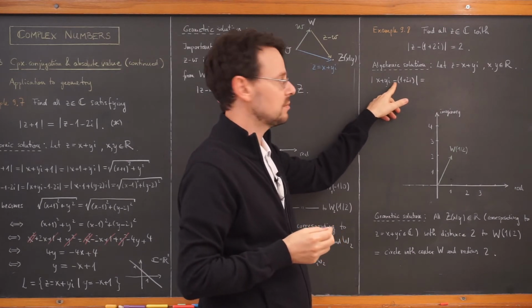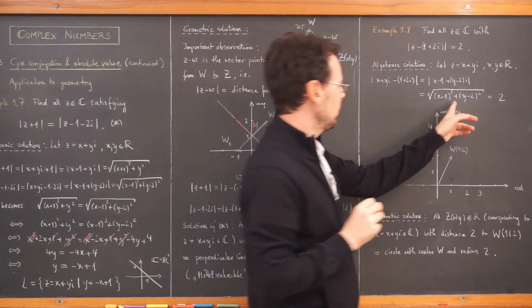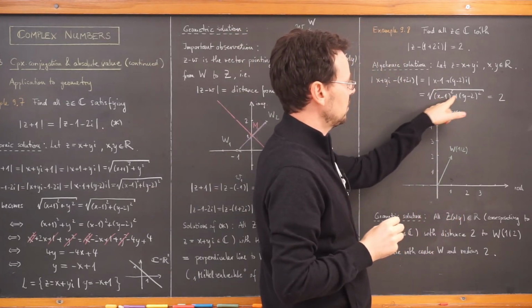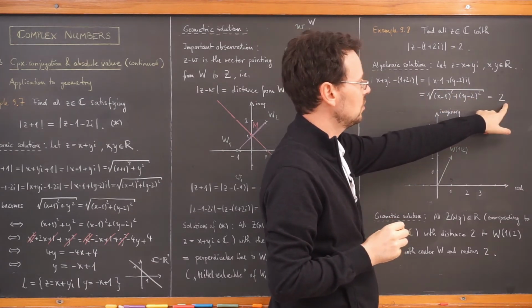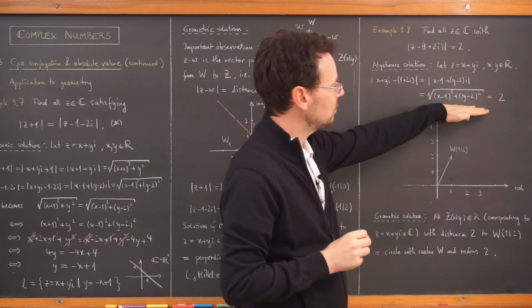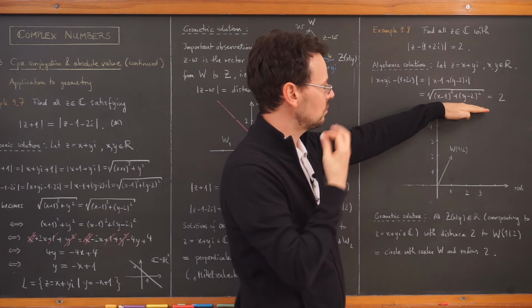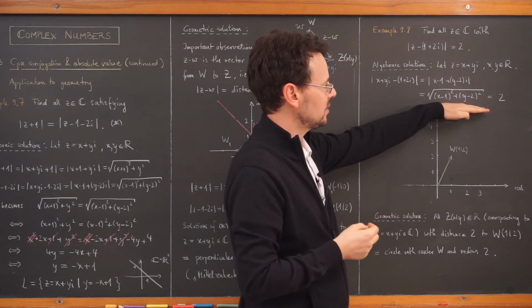Here, because of this minus, we have y minus 2. And we end up with, as before, this square root of x minus 1 squared plus y minus 2 squared has to be 2. Now, if you've never seen an expression like this before, it's kind of hard to realize what numbers x and y satisfy it.